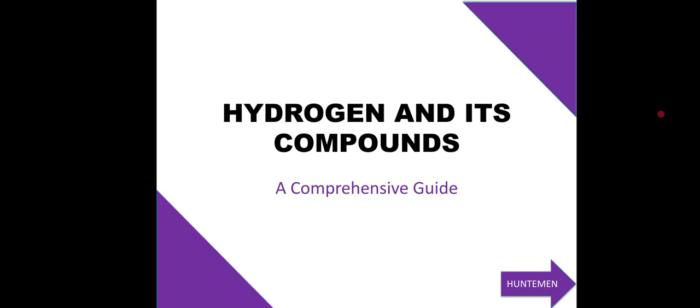It has the atomic number of 1, which is equivalent to the number of protons in the nucleus. It has one electron that is orbiting around the nucleus and is very important in industrial production of many other chemicals. Let's go into details about hydrogen.